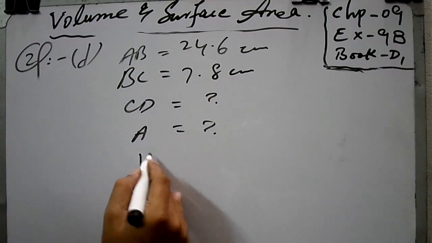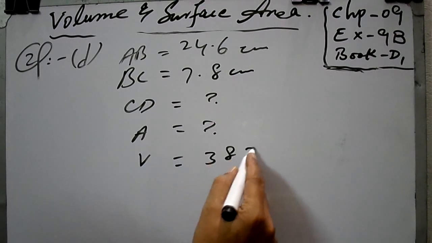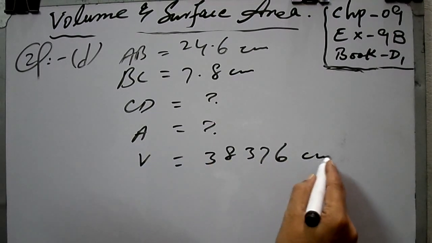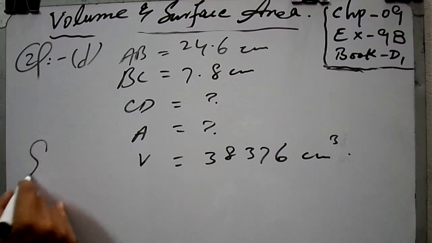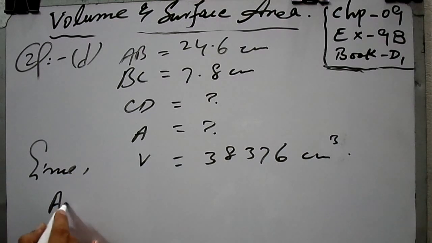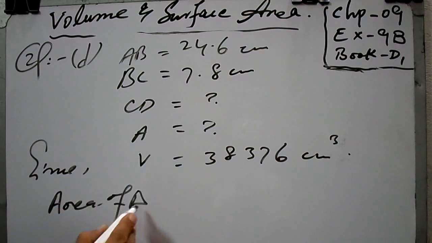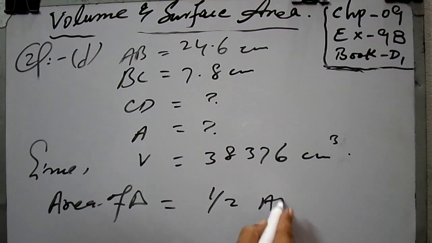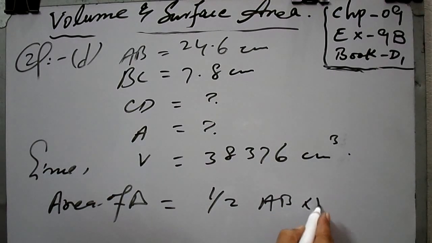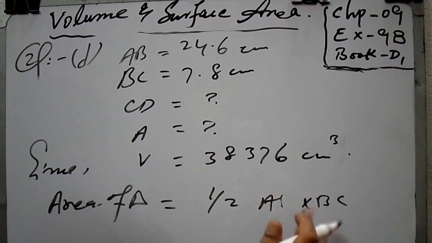And volume is given to us, that is 38376 centimeter cube. So since we can find the area of triangle ABC, since area of triangle is equal to half into base into altitude.